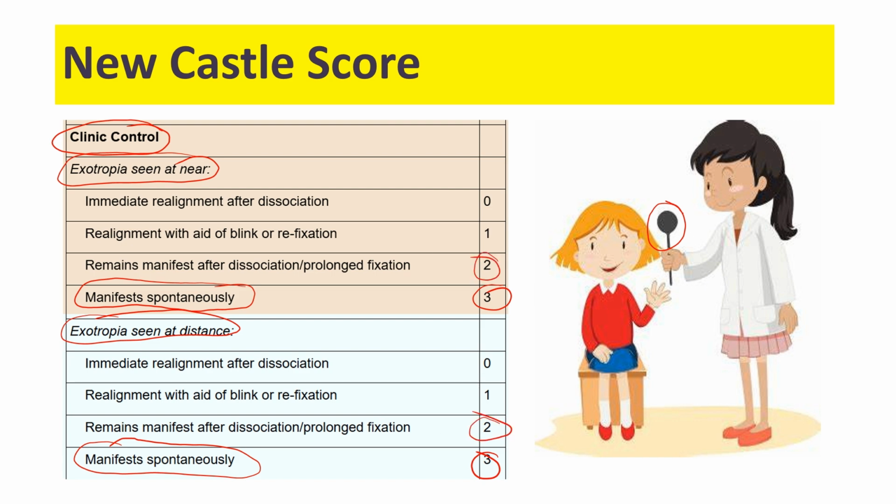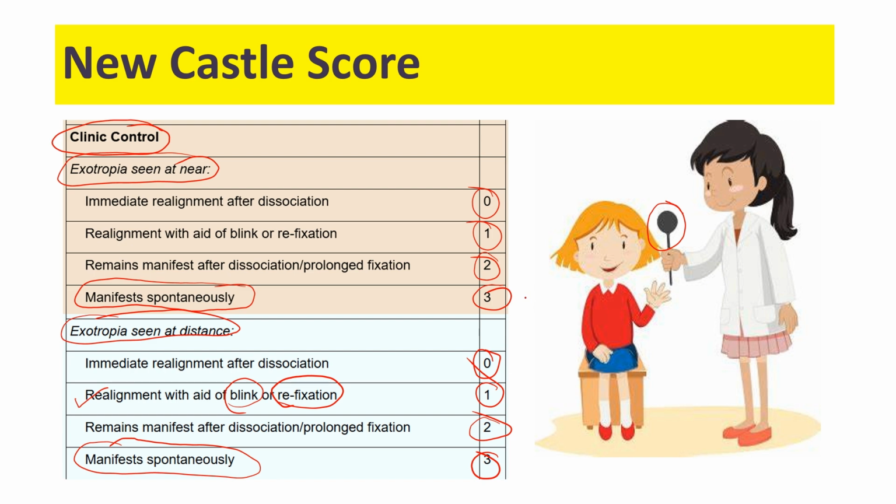It means that the patient is not regaining his alignment. However, if the patient is able to realign his eyes after a blink or after refixation, then a score of 1 is given. And if the patient is able to realign his eyes after dissociation almost immediately, then a score of 0 is given.